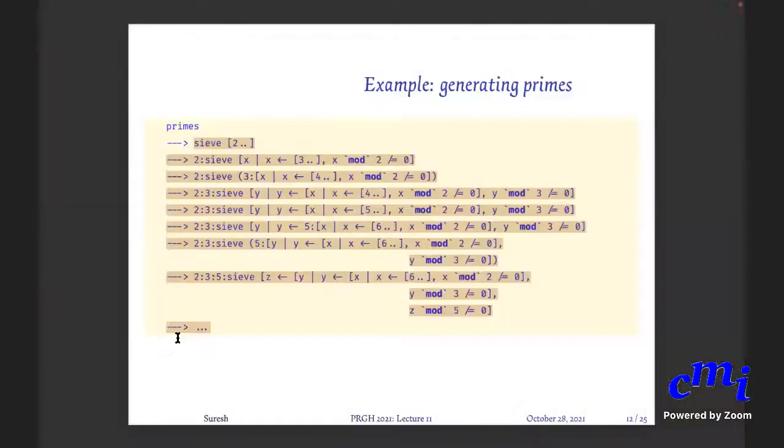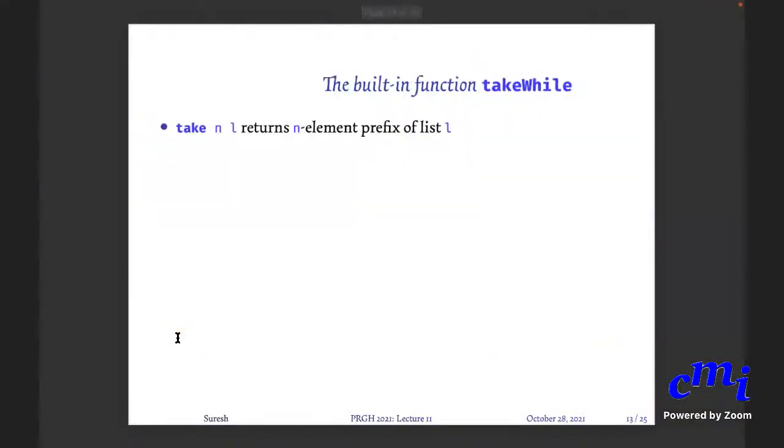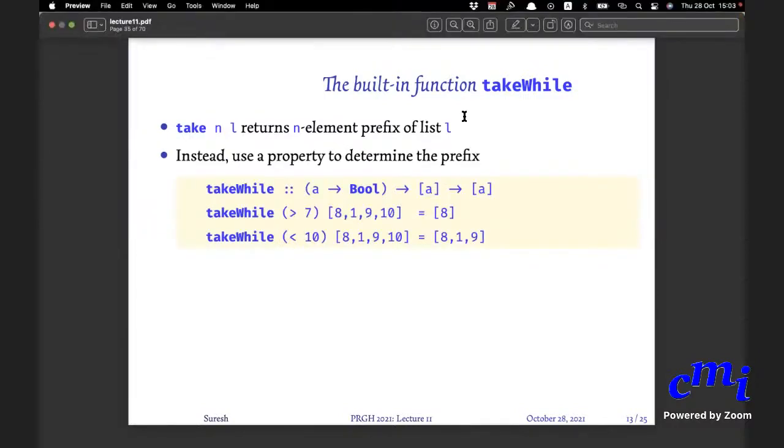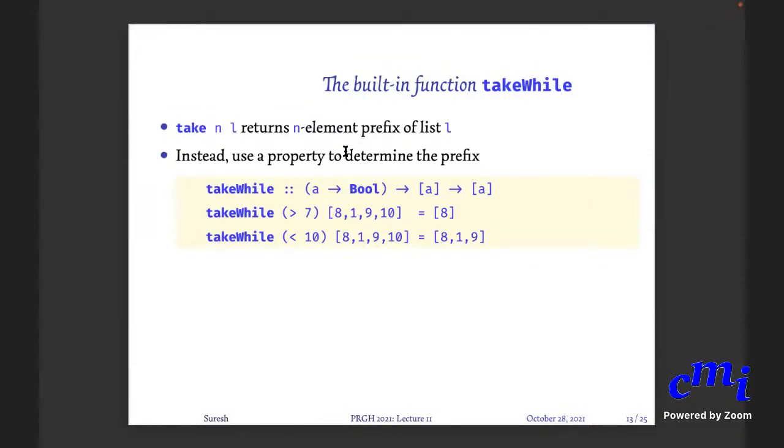Okay, so there are other higher order functions as well, which are very useful. Here is a function called takeWhile. It is very much like take. Take n l returns the n element prefix of a list, but instead of taking n elements, you can take elements based on a property. takeWhile is a function whose type is (a -> Bool) -> [a] -> [a].